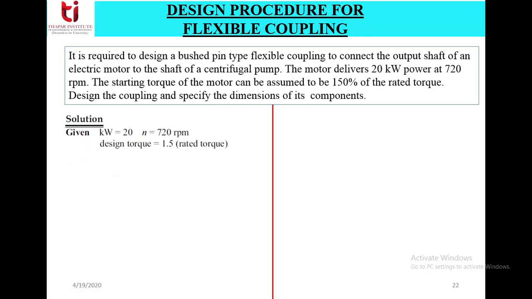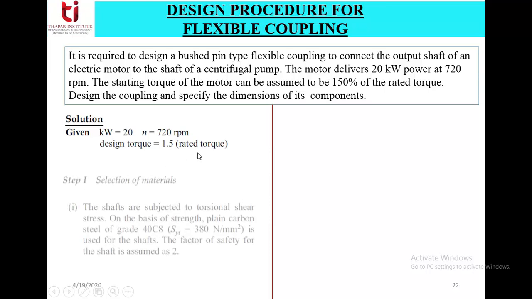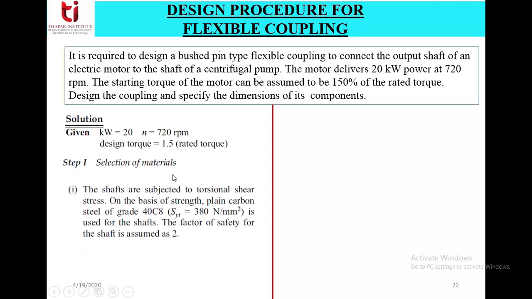Since the power required is 20 kilowatt at 720 rpm, and design torque is 1.5 times the rated torque, I think the first part we should do is select certain materials, because we have shaft, flanges, pin and keys. Shaft is generally made up of ductile material.